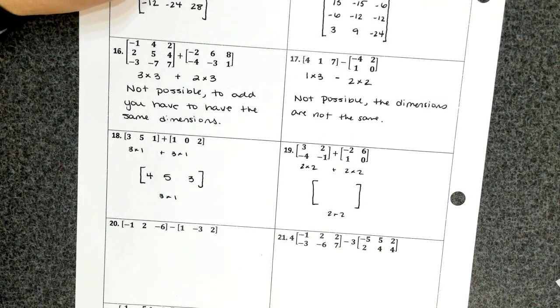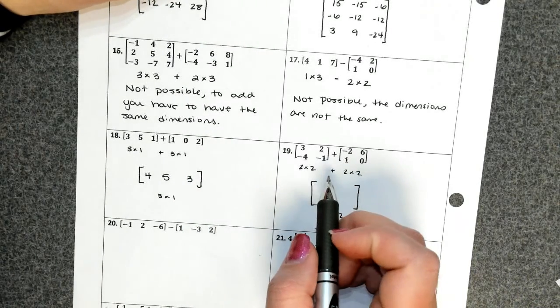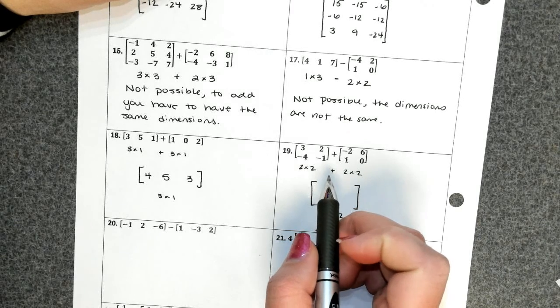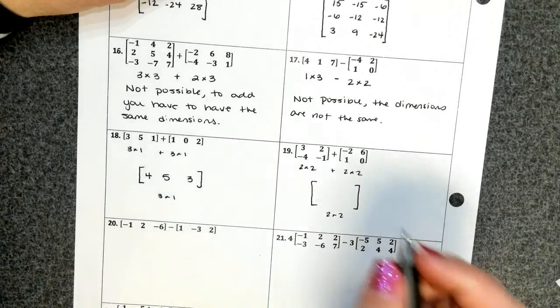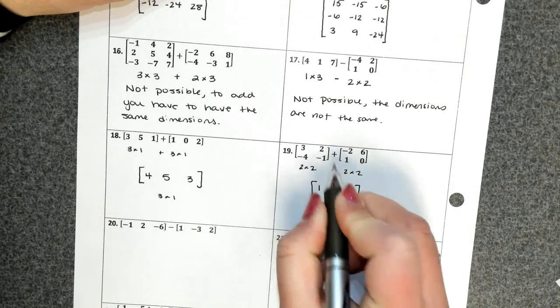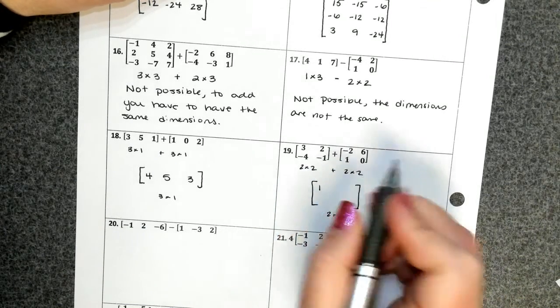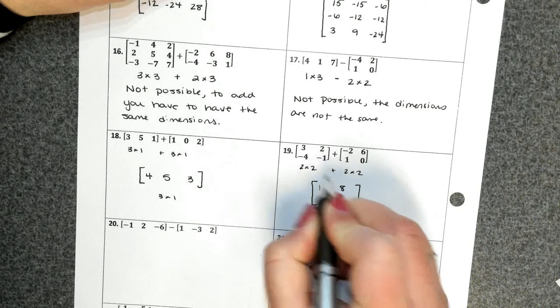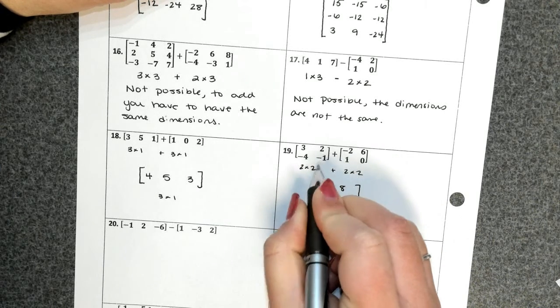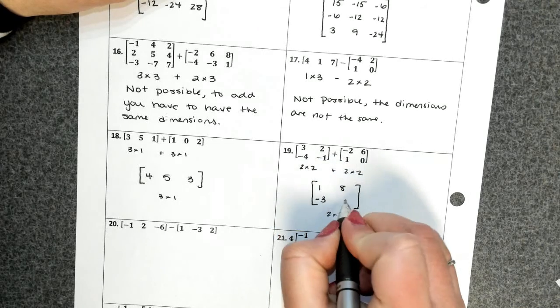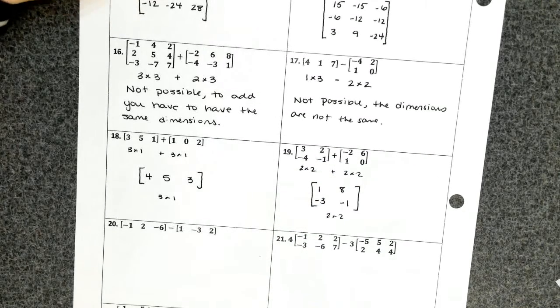You just add both of them together in the same spot. Okay, use the same spots, add them together. So the 3 and the negative 2 are in the same spot. What do those add to? 1. 2 plus 6? 8. Negative 4 plus 1? Negative 3. Negative 1 plus 0. There we go. That's your final answer.